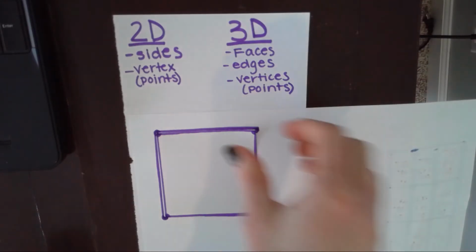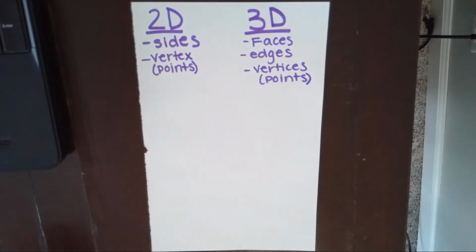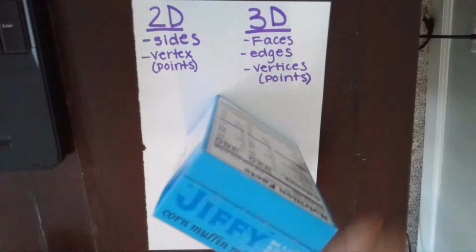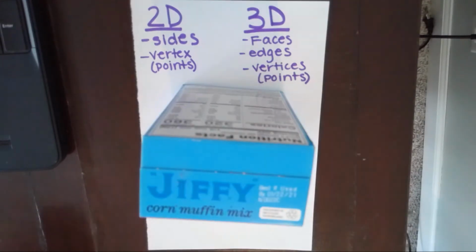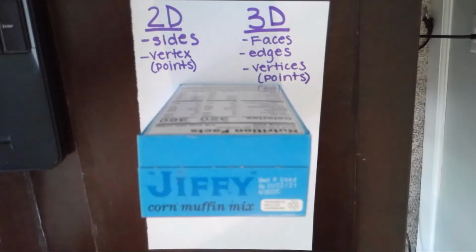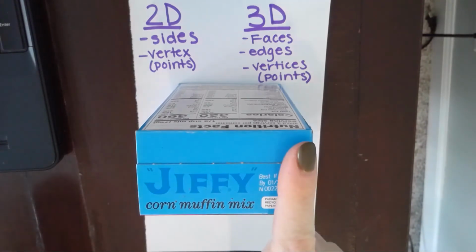Next, I'm going to show you a 3D shape, and I was just hunting in my pantry, boys and girls, and I found this box of muffin mix. Okay, now a face, let me see if I can make that a little bit more clear. There we go. A face is the flat part on each side.